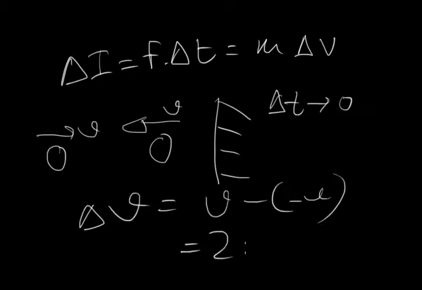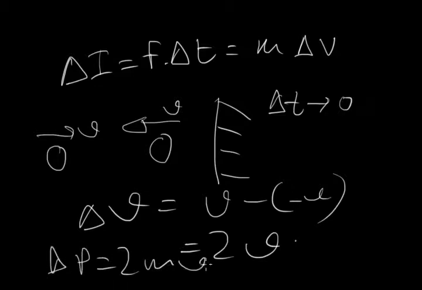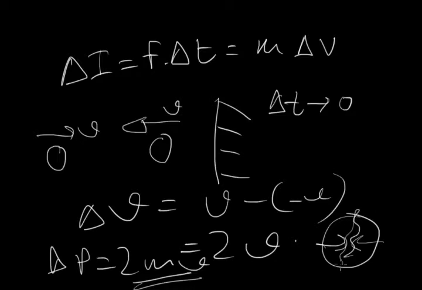So it is 2v, and the change in momentum becomes twice mv. That is the reason why, if two trains collide face on, the two bodies get thrashed badly, because the velocity gets doubled in this way during the time of collision, which is very small. So that is how we say that this is the cause and this is the effect.